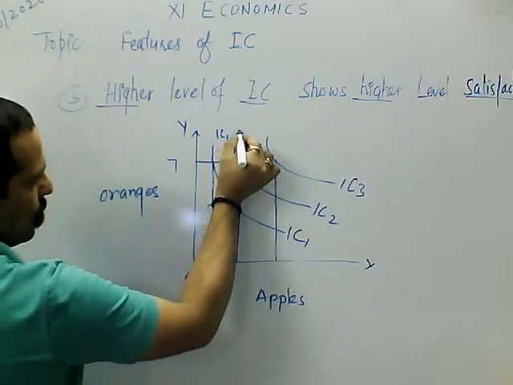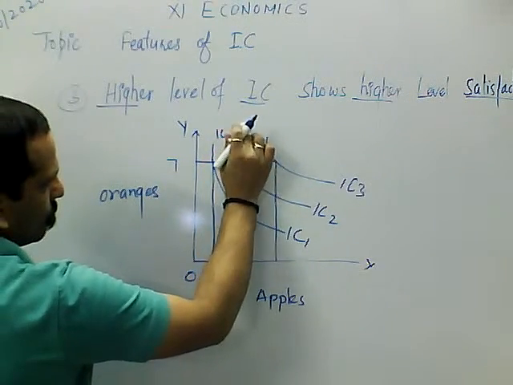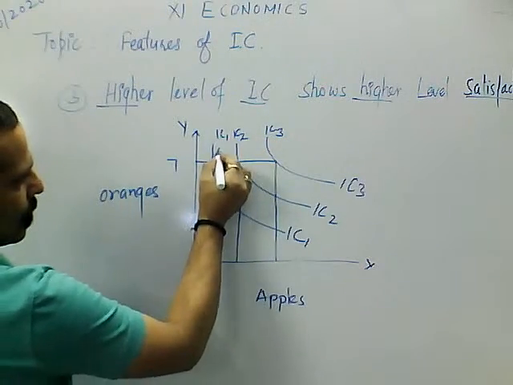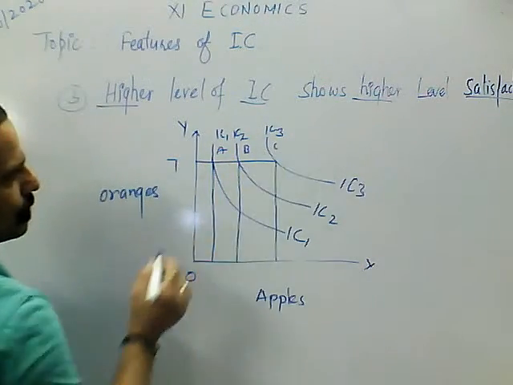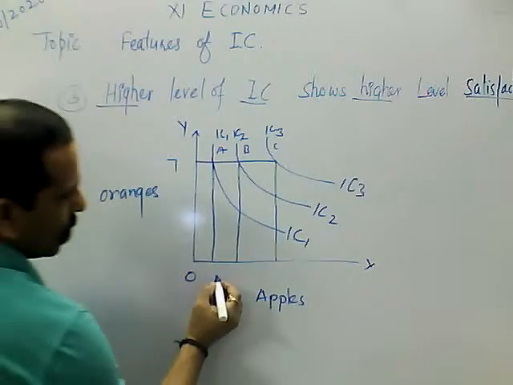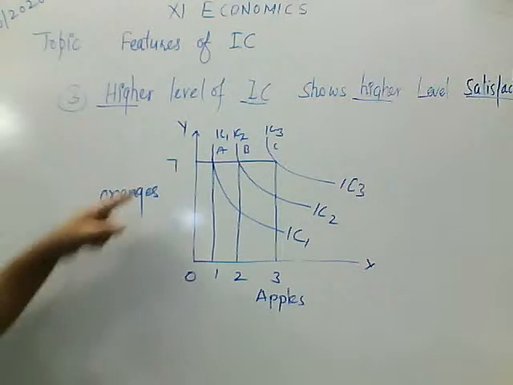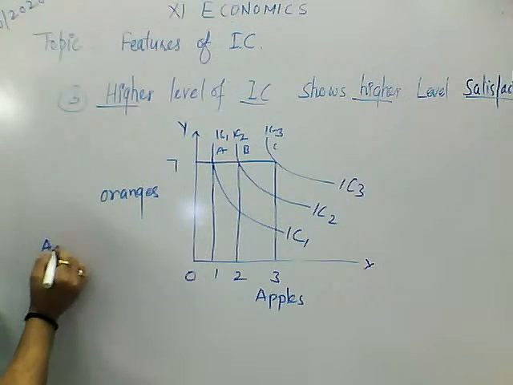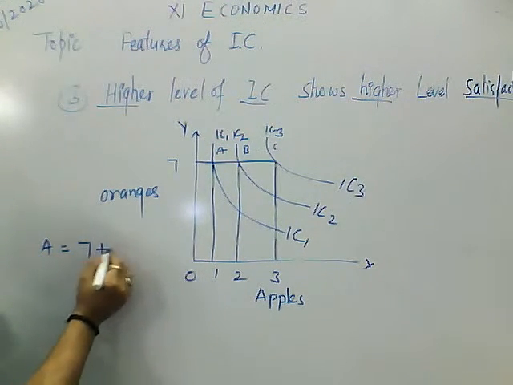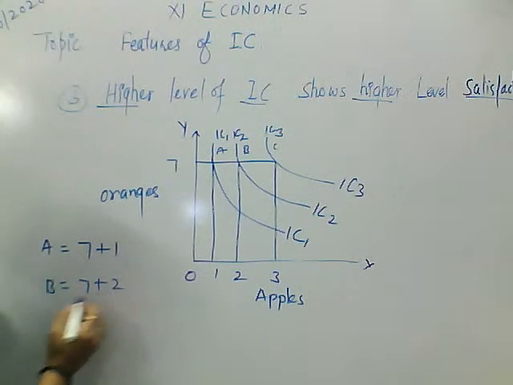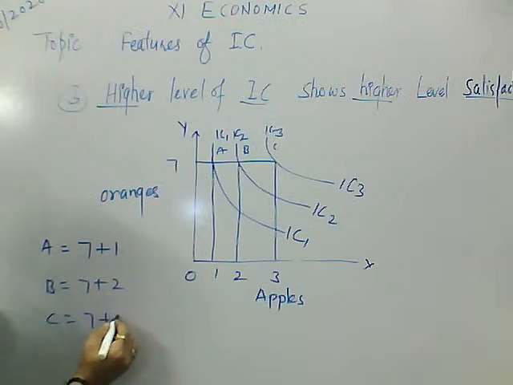So IC1, IC2, IC3, combinations A, B and C. Here you are getting 1, 2, 3. At combination A, 7 plus 1. At B, 7 plus 2. At C, 7 plus 3.